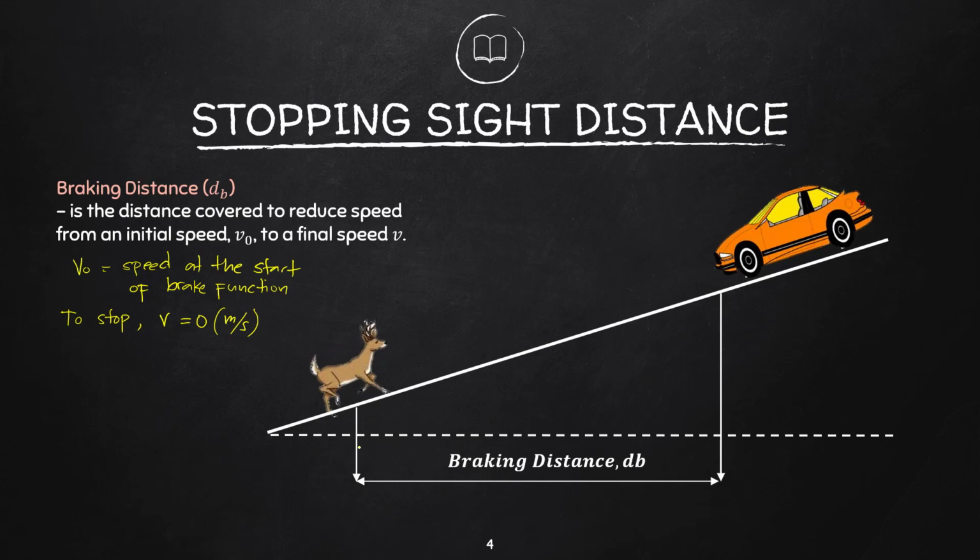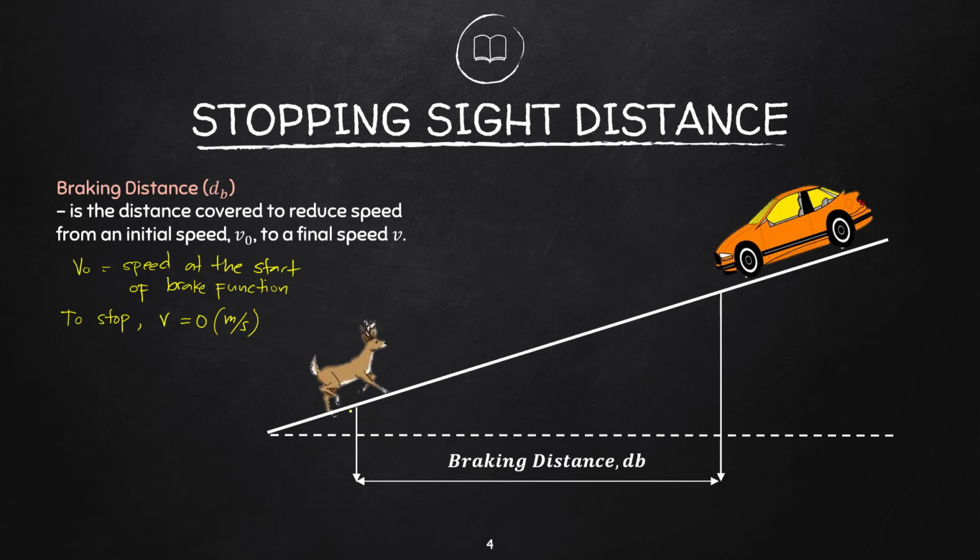So for inclined areas or inclined roads, the braking distance is measured horizontally from the instance when the driver was able to step on the brake to the point wherein the vehicle was able to stop, or was able to have a velocity equal to 0.